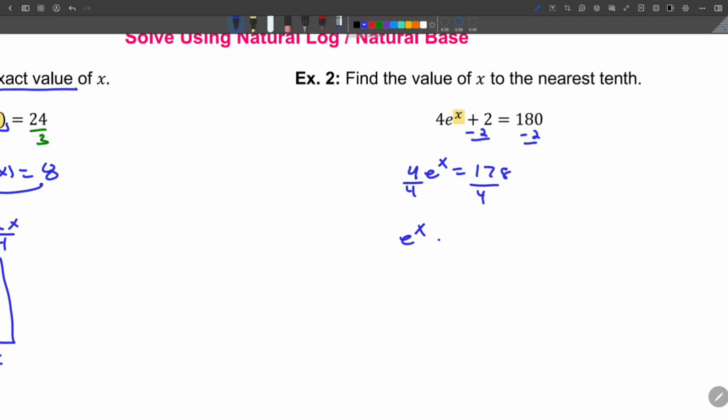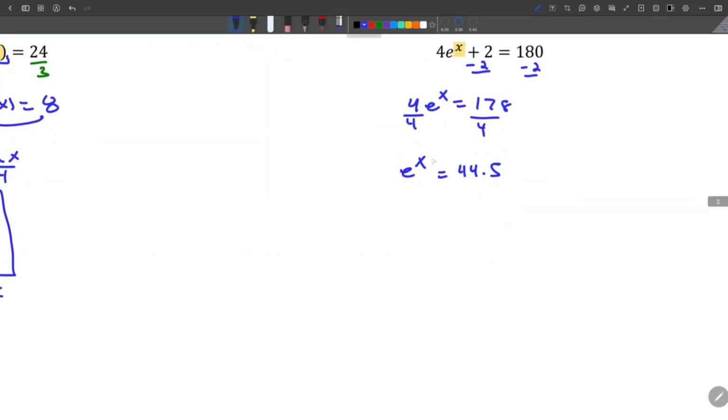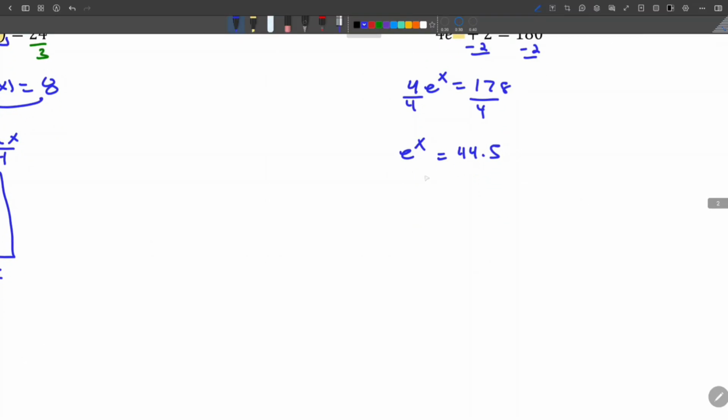And we get e to the x is equal to, I think that's 44.5. And so we need to undo the e. I'm going to go from that exponential form to logarithmic form. So we start with that log. The x comes down, and the other side becomes natural log of 44.5.